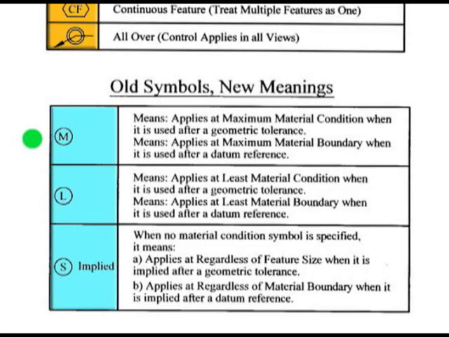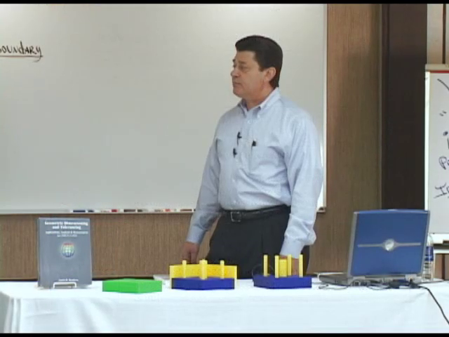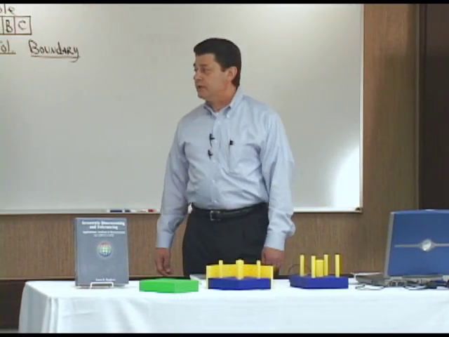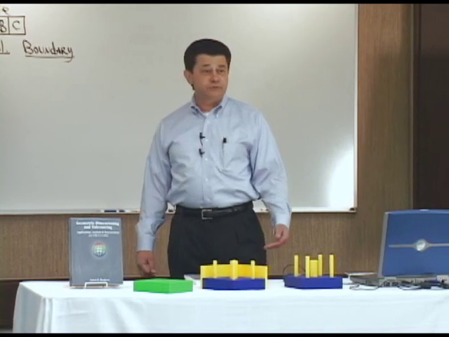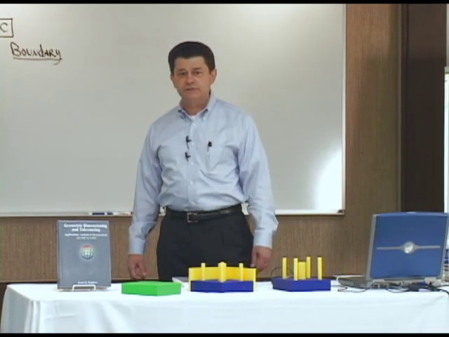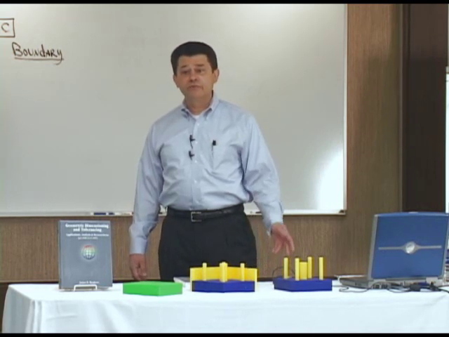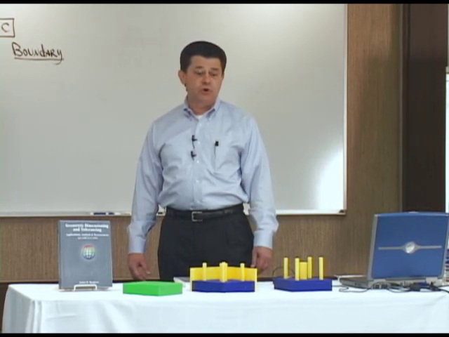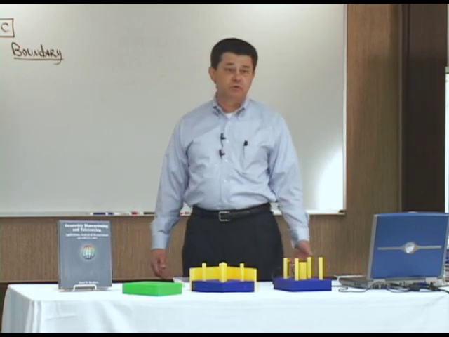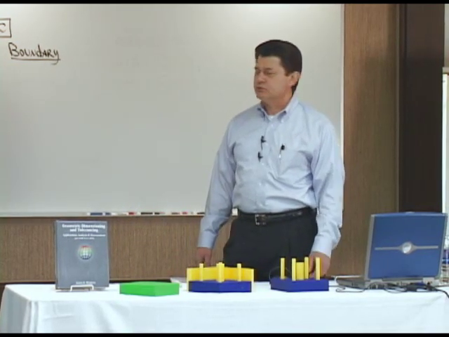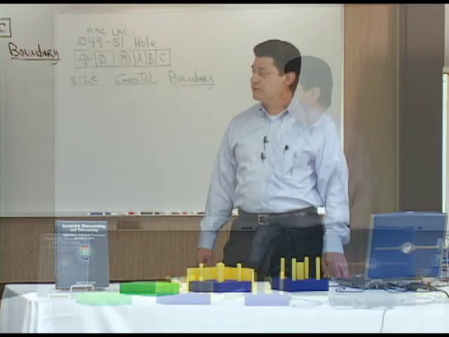But if it's used after a datum feature, it means maximum material boundary. Now, maximum material boundary is going to need some explaining, but essentially what it is the applicable virtual condition boundary. And of course, what we'll have to do is show how to calculate that applicable virtual condition boundary, which is one of the hardest things to learn in geometric tolerancing.